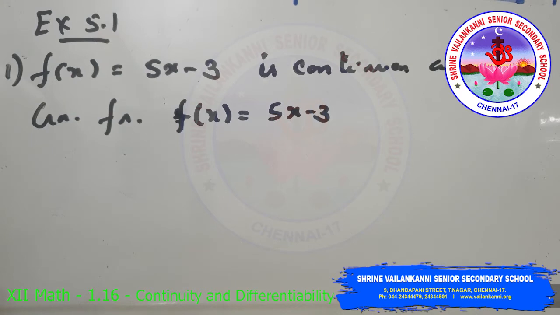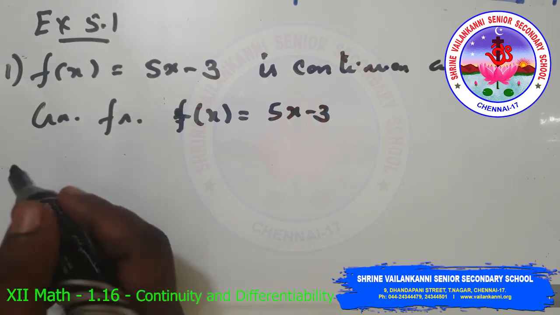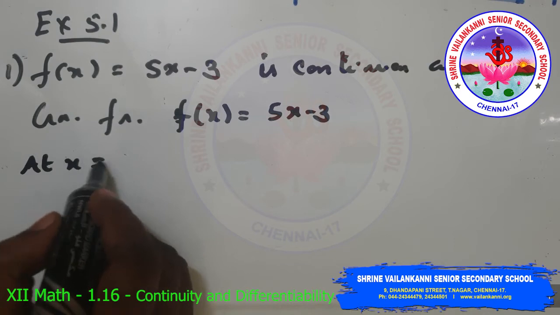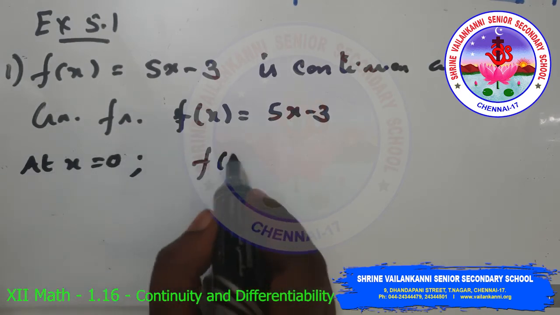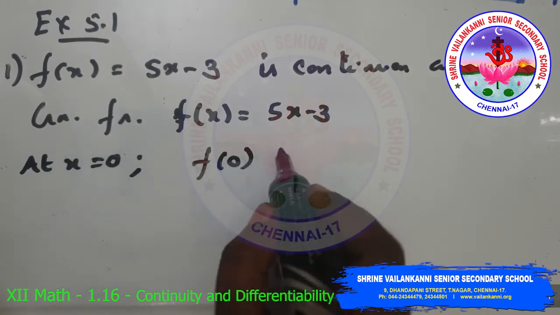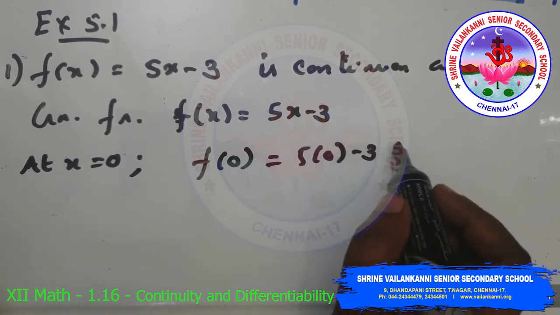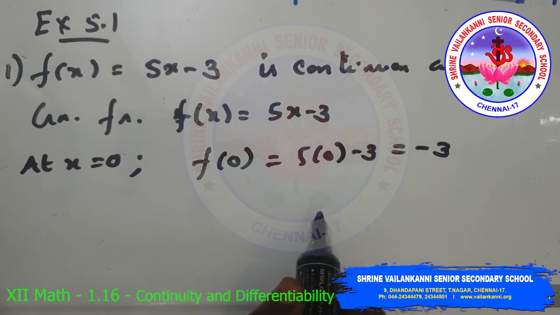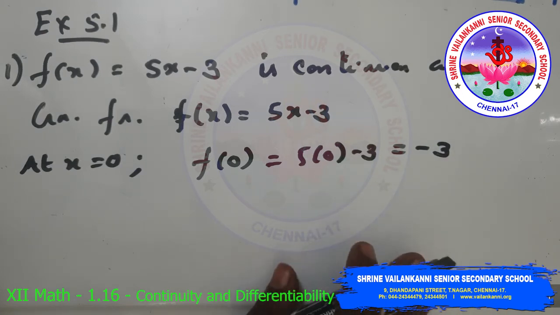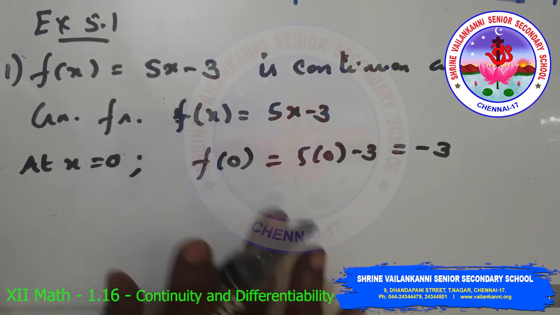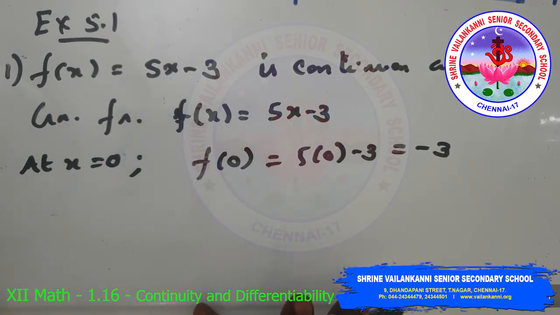Given function f of x equal to 5x minus 3, at x equal to 0, f of 0 is, substituting x as 0, 5 into 0 minus 3, which is minus 3. Then we need to find the left hand limit and right hand limit. If the left hand limit is equal to the right hand limit, which is equal to f of 0, then it is said to be continuous.